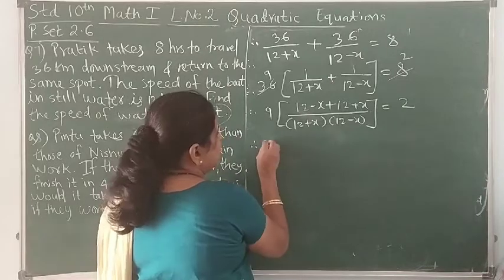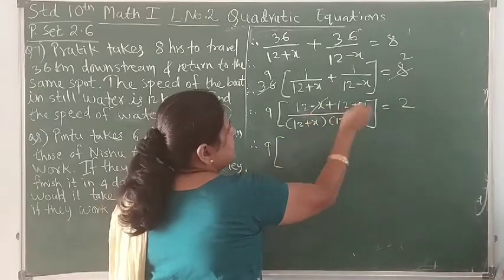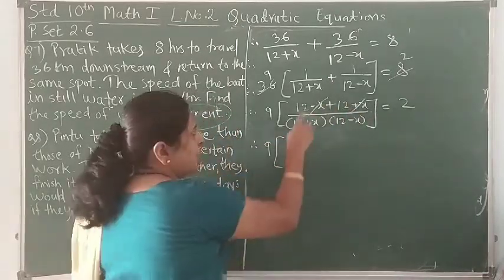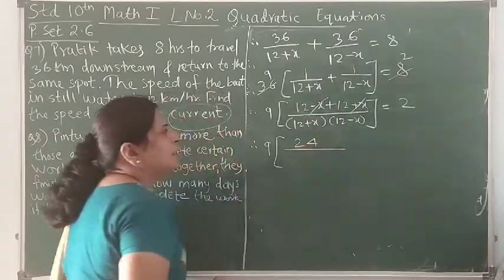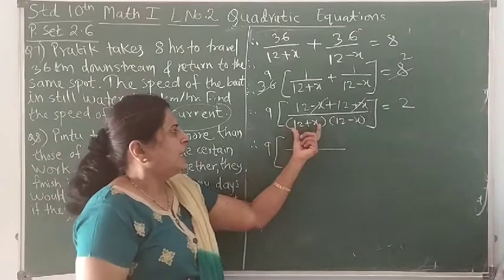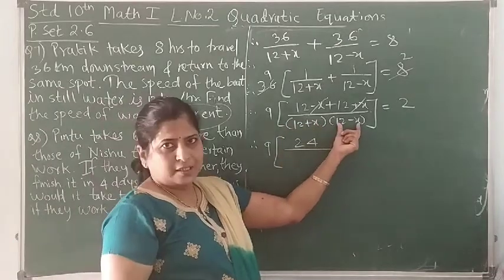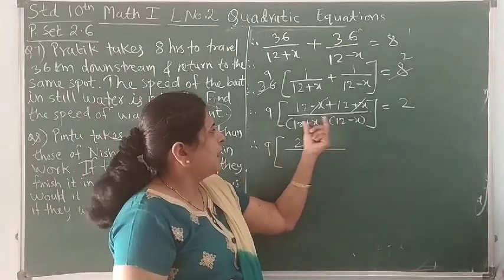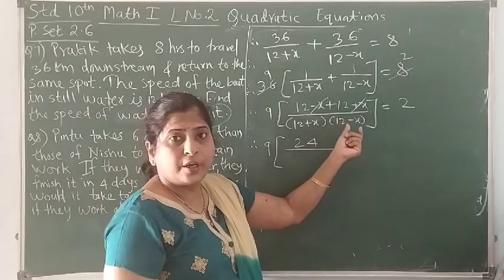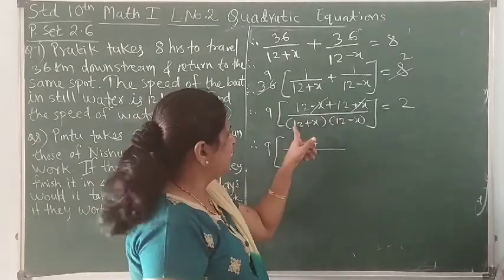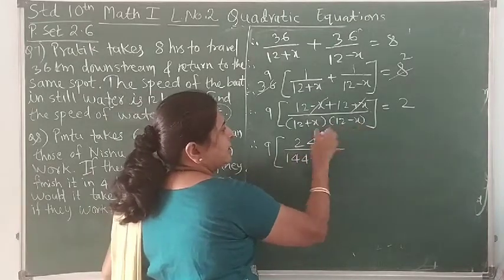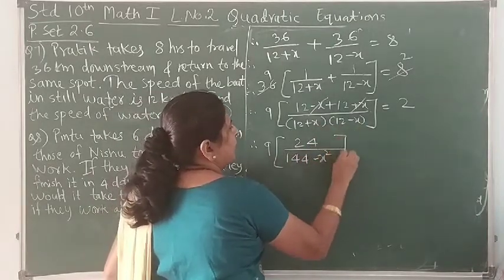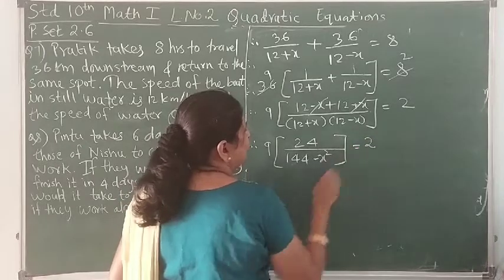Now the minus x and plus x cancel. 12 plus 12 will give 24. And the brackets in the denominator are in the form of a plus b and a minus b, so we can use the identity a plus b into a minus b as a squared minus b squared. Here that is 12 squared, that is 144, minus x squared, and it is equal to 2.